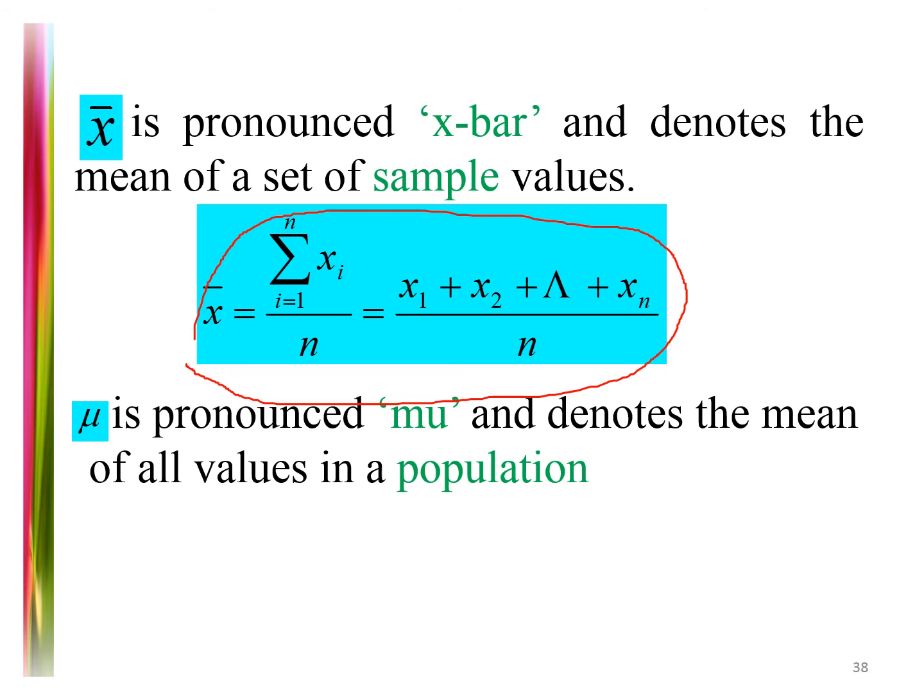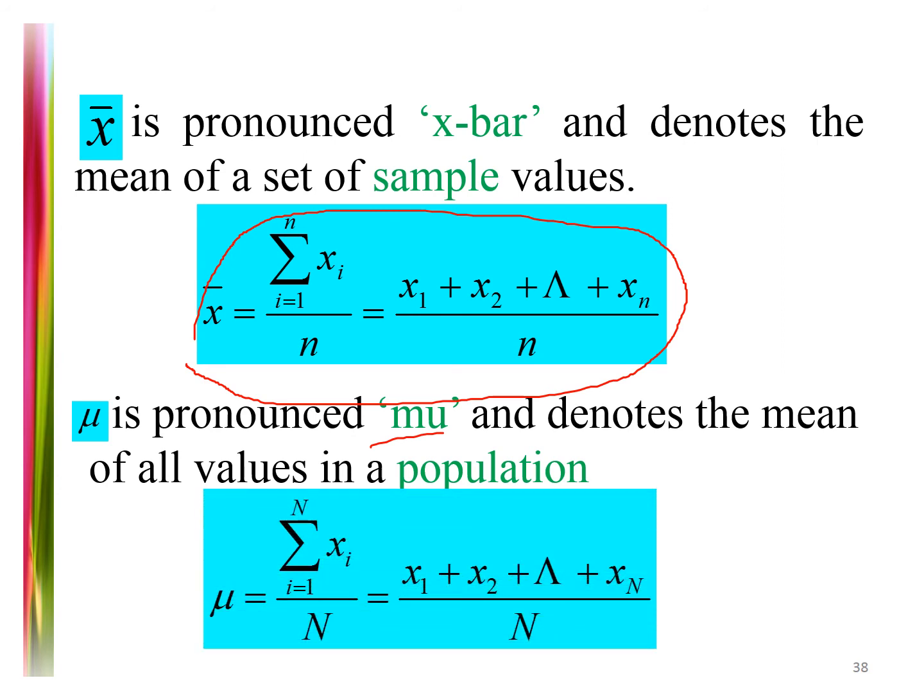Big N denotes the number of values in the population, which equals the total number of observations in the population. So the population mean is x1 plus x2 up to xN divided by the total number of observations in the population. But usually this is unknown.